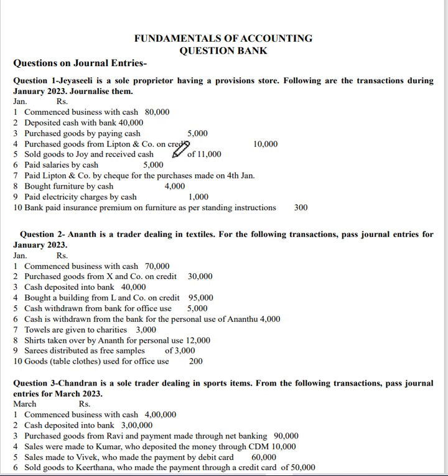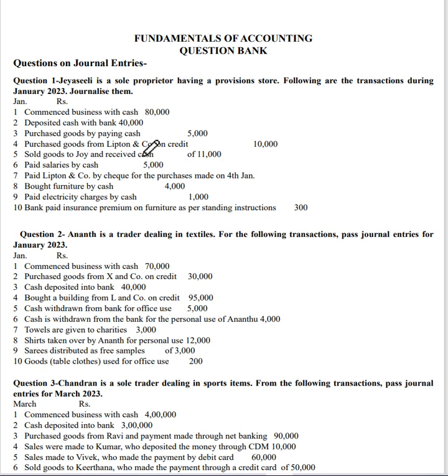Next, purchase goods from Lipton and Company on credit for 10,000. Here goods are being purchased from Lipton and Company on credit. It's not on cash, hence we cannot take the cash account. One is the purchase account because we are purchasing the goods, and the other one is the artificial person, that is Lipton and Company.